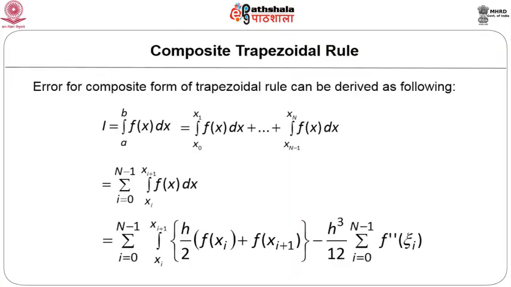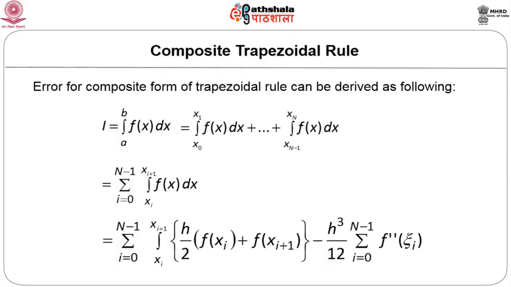Here again, as we know, the integral of a sum is the sum of the integrals, and so the error term in the composite form can be derived as: the integral from a to b of f(x) dx is equal to sigma i equal to 1 to n of the integral from x(i-1) to xi, plus what we have is the error term.